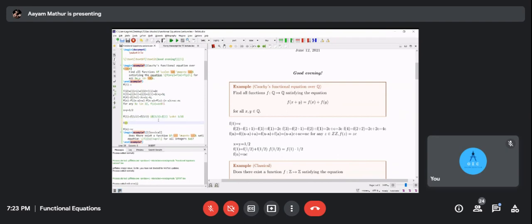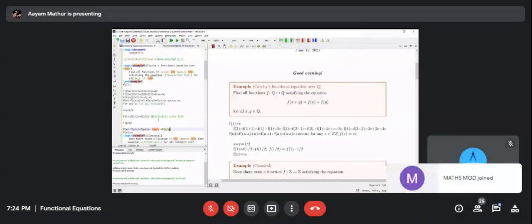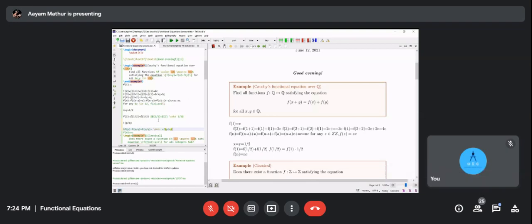For example, what you could just do is you could take f of p by q, where p by q is the rational number, and to find this, you say f of p equals f of p by q plus f of p by q plus and so on, plus f of p by q, where this sum is q times. And you know what this is because this is just p.